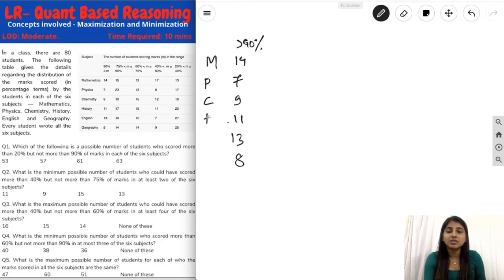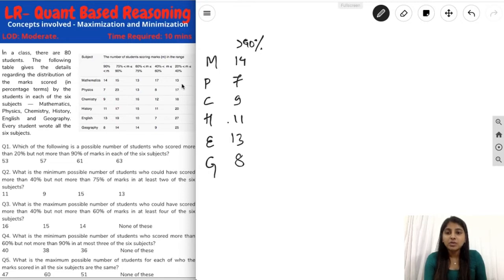So out of 80, what is this? Here m is greater than 20. Which of the following is a possible number of students who scored more than 20% but not more than 90 in each of the given 6 subjects?